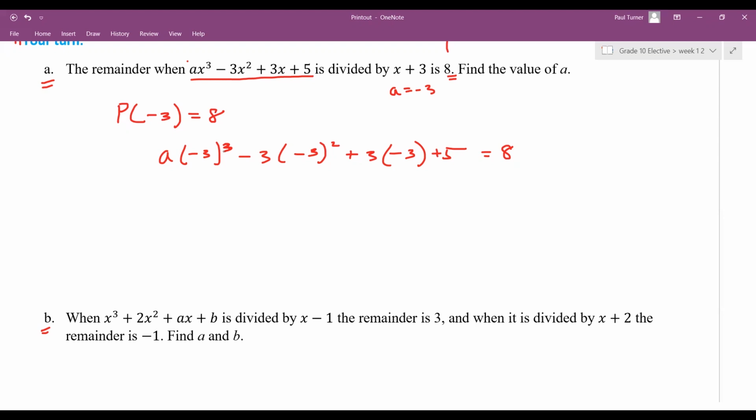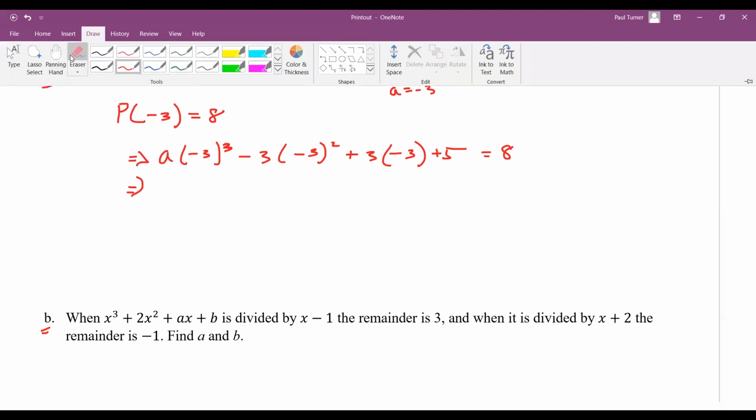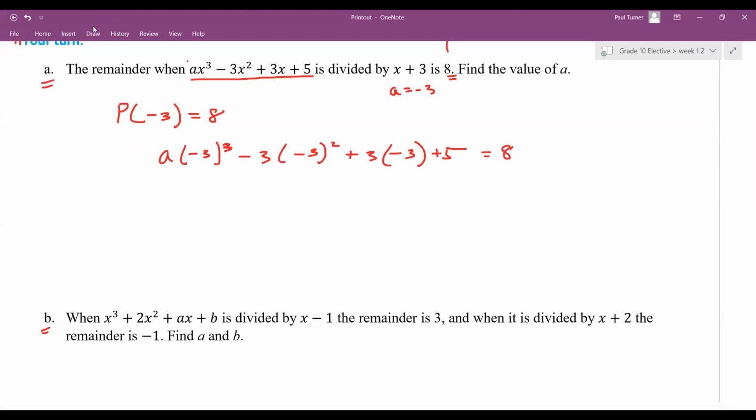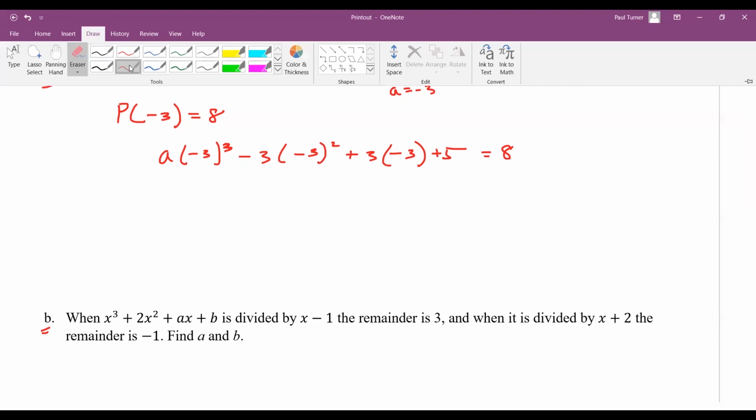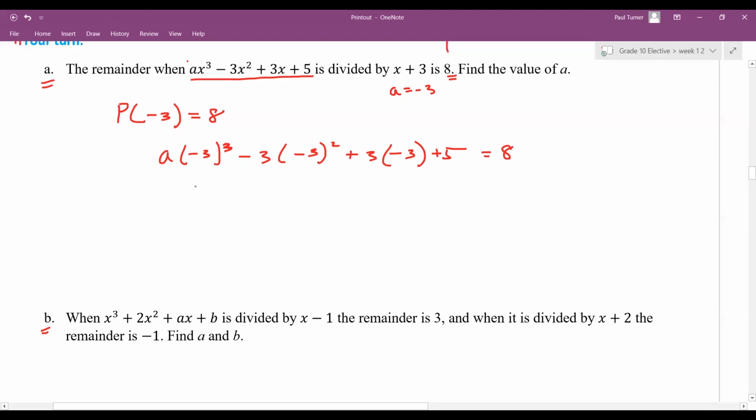So let's have a look anyway. And then if you're not getting it, we can see what happened. Okay, so we got -3 cubed, which is -27a. -3 squared is 9. 9 times 3 is 27. 3 times -3 is -9, plus 5 equals 8.